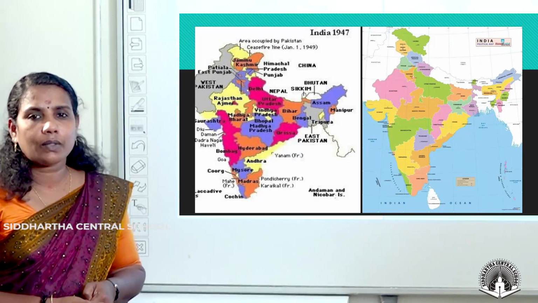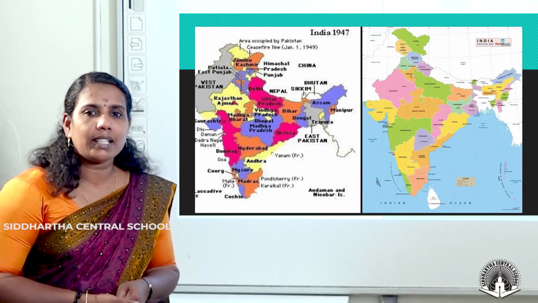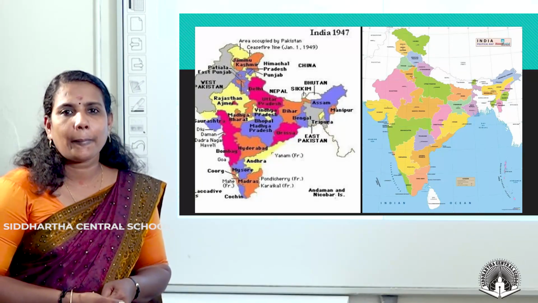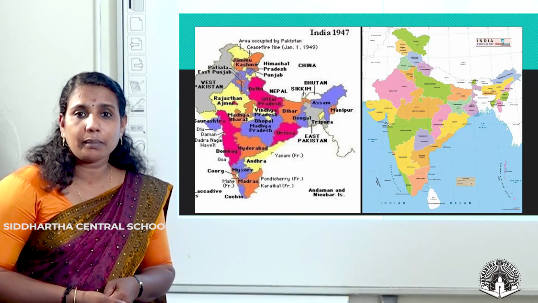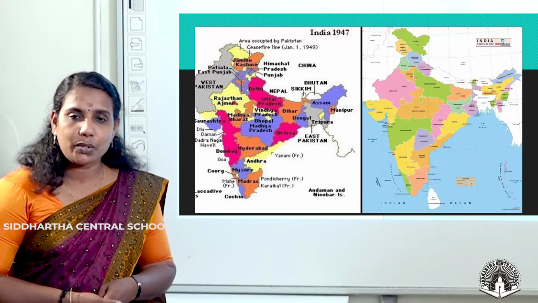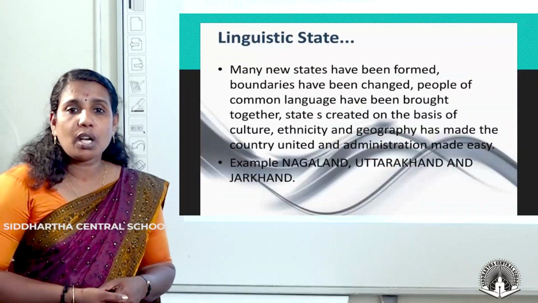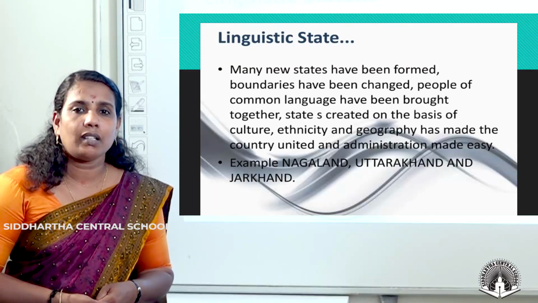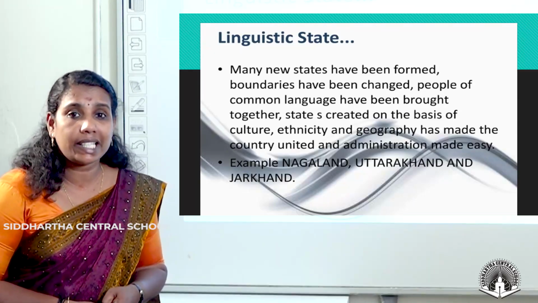But experience has shown that the formation of linguistic states united the people and at the same time made the administration easier. So, once again, the creation of linguistic states was one of the most important steps taken by the government for the success of federalism in India.